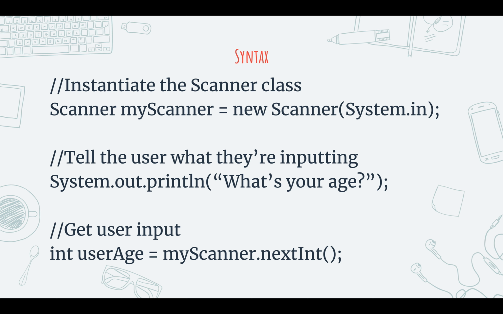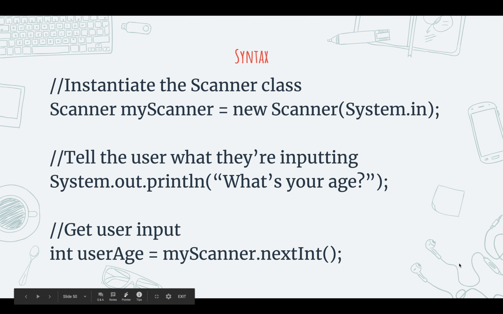What is age? As I already declared it here, it's an integer. So the way that we tell myScanner that we want to get an integer input from our user, we write dot nextInt, open parentheses, close parentheses, and a semicolon.